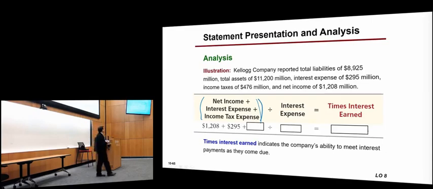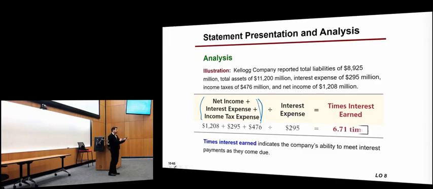It will tell you how many times the company can pay their interest. So in this case, it's 6.71 times. And the higher the number, the higher the ability of the company to pay interest. So if you are going to invest in the company's bonds, you would like to know that the company can continue to pay their interest.